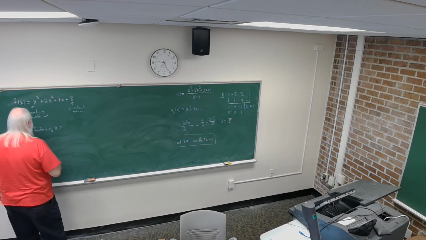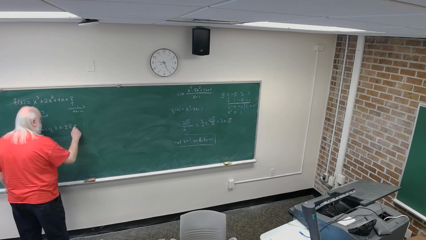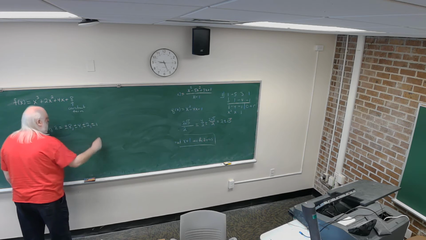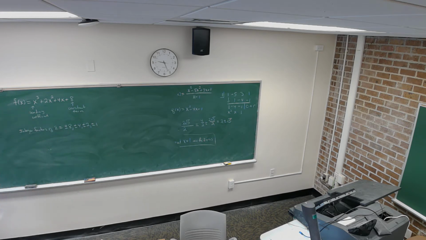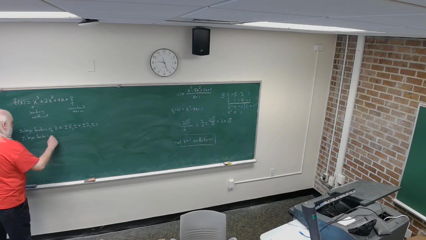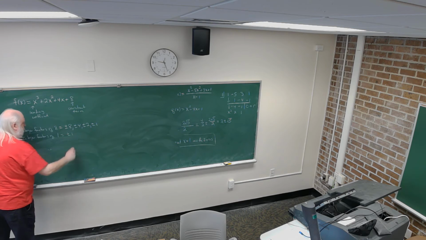So the integer factors of 8 are plus and minus 8, plus and minus 4, plus and minus 2, and plus and minus 1. The integer factors of the leading coefficient are plus and minus 1.